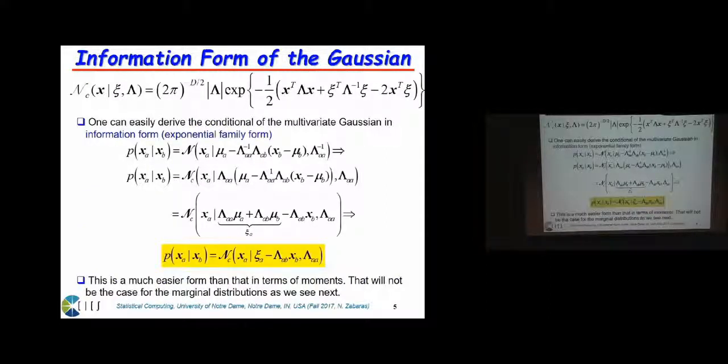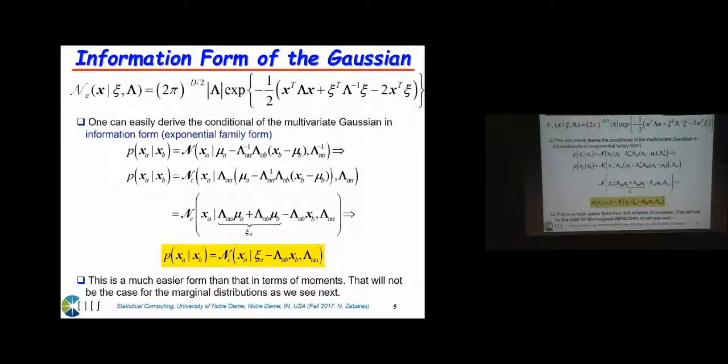All right, so the formula on the top summarizes again our canonical form, this information form of the Gaussian, and on the second equation I give you the conditional of xa given xb written in terms of the precision matrix lambda and the moment mu. I remind you that we got these equations by partitioning lambda in matrices lambda AA, lambda AB, etc., and partitioning also the vector x in xa and xb and the mean vector in mu A and mu B.